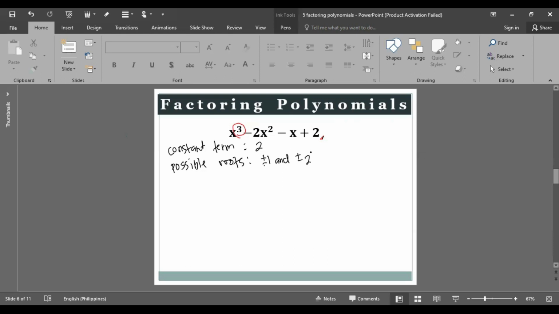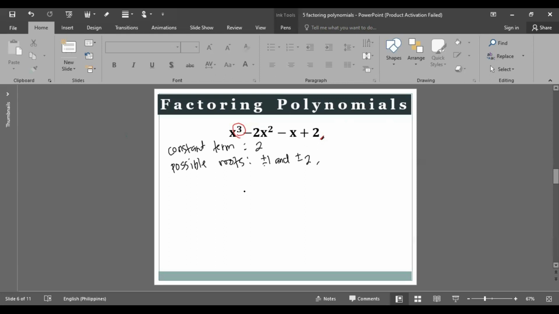So let us perform the synthetic division using these possible roots. So let us take all the numerical coefficients of the given polynomial expression. Make sure that the terms of the given polynomial expression are complete. Okay? So in this case, kompleto naman yung lahat ng terms. Pababa naman yung exponents nila.